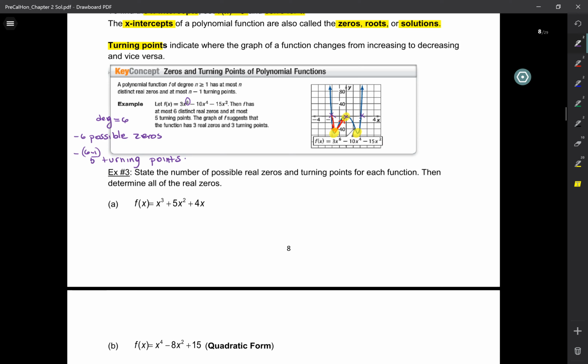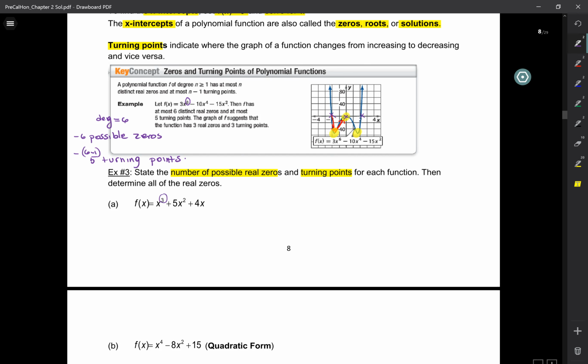All right? So what we're going to do here, the wording is important, is we're going to state the number of possible real zeros and the number of possible turning points. So it's like the maximum allowed number of real zeros and turning points. So again, all we have to do is go to the degree.